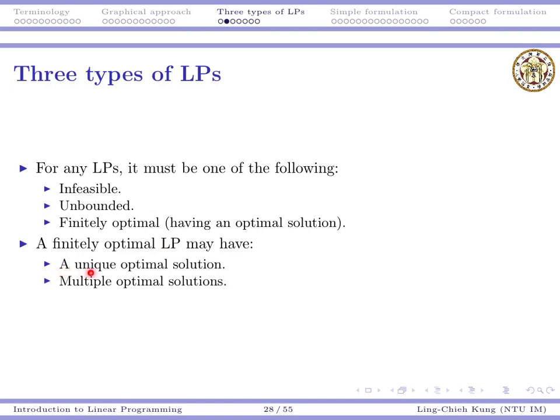There may be a unique optimal solution, or there may be multiple optimal solutions. But typically, what's more important is to distinguish between these three situations: infeasible, unbounded, and finitely optimal. We don't really care too much about the case with multiple optimal solutions, because typically what we really want is just one optimal solution.